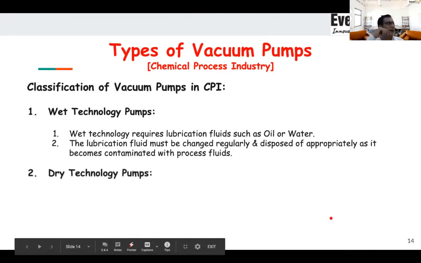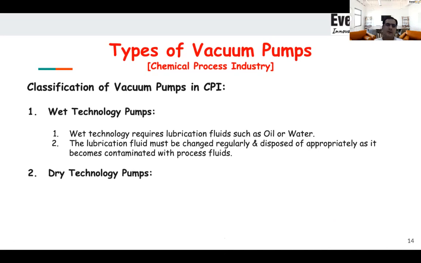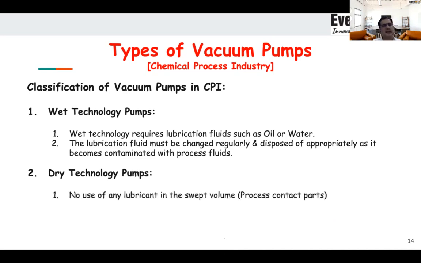Then come the dry technology vacuum pumps. Dry technology vacuum pumps are categorized as pumps which require no lubrication in their swept volume. That is, on their process contact parts, the main chamber which does the compression, there is no external lubricant available.